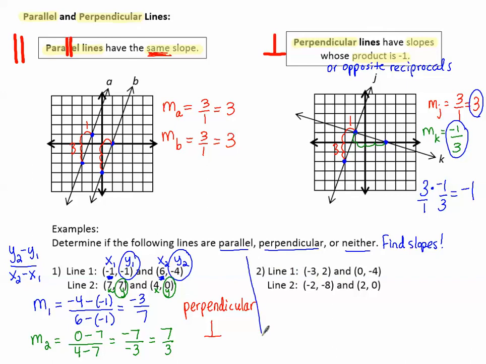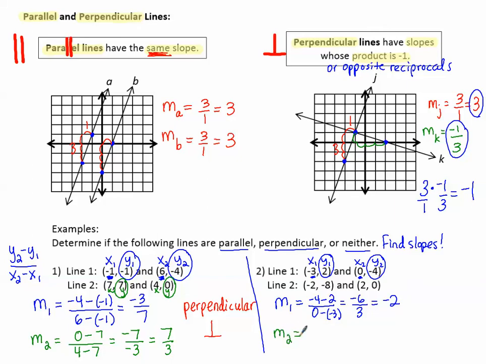Line 1. Slope of line 1. Let's label x y, x y. 1, 1, 2, 2. We always start with the change in y. -4 minus 2, and then the x's. 0 minus -3. -4 minus 2, -6. 0 plus 3 is 3. That simplifies to -2. Let's take a look at the next line.